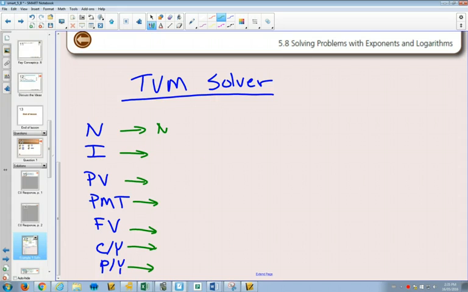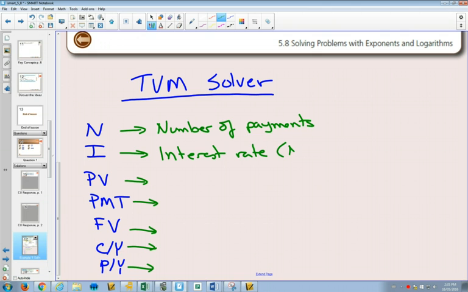The n is your number of payments. Your I is your interest rate. And you don't have to put it in as a decimal, so if it's 8%, you just put in 8. PV stands for present value.